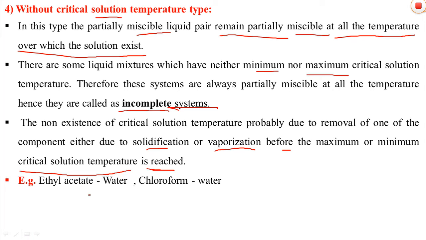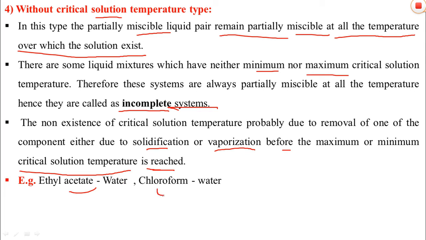In the ethyl acetate water system, the mutual solubility of ethyl acetate and water increases with a decrease in temperature. Therefore, the minimum critical solution temperature is expected, but before this temperature is reached, the water freezes, forming ice and separating out from the solution.